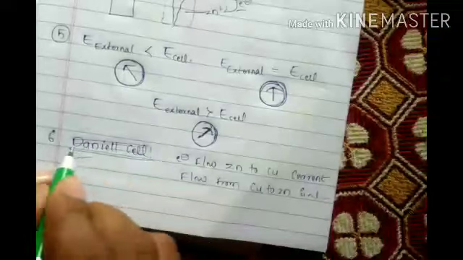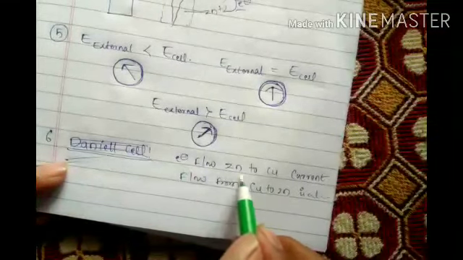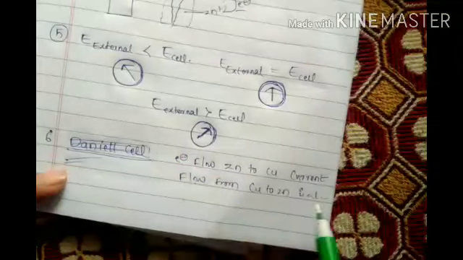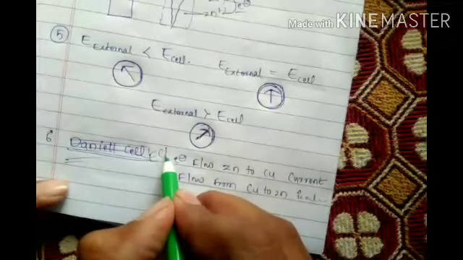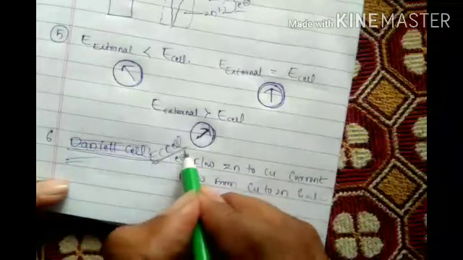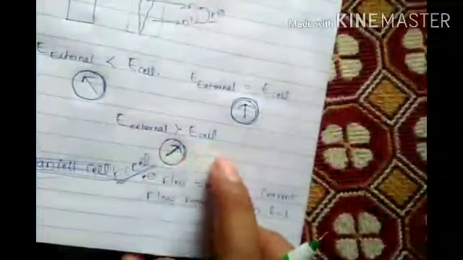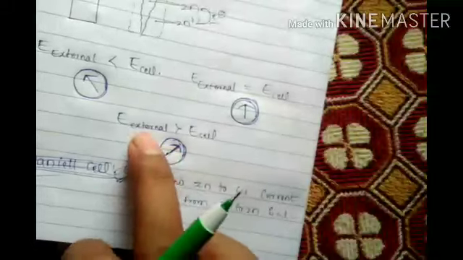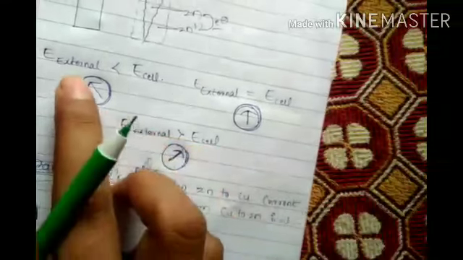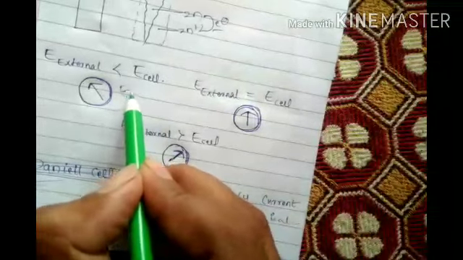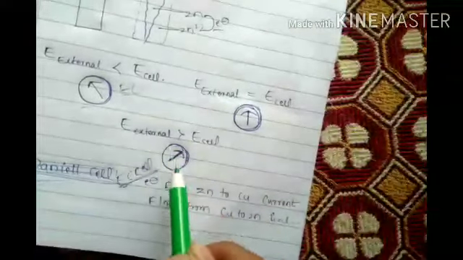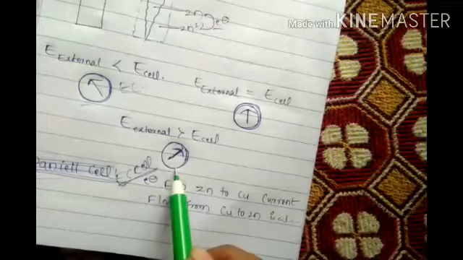If we take whatever we are explaining, everything is called an electrochemical cell. But here the opposite direction is going, right? External is more than E cell. This is common for electrochemical cell. But for this one, quite the opposite direction is going on, right?